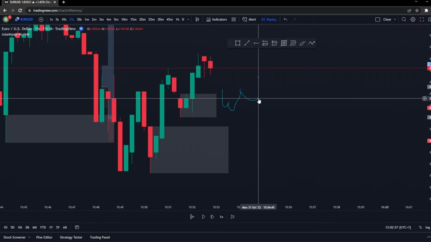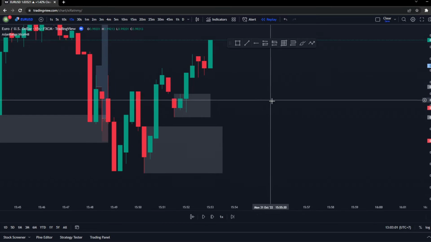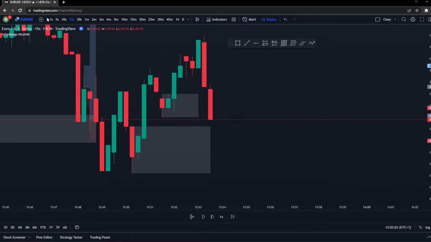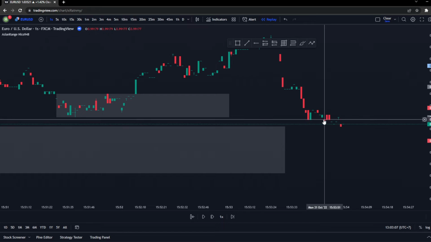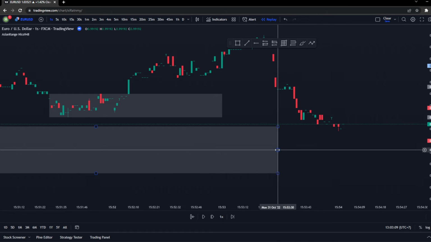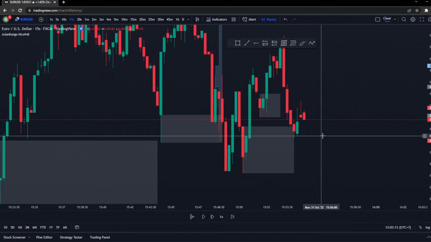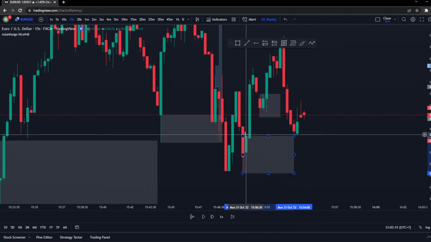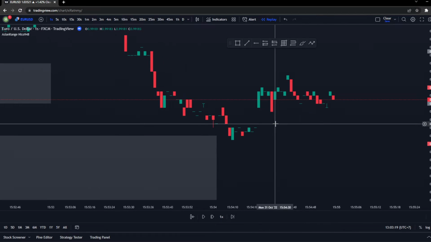Yeah, all right. So just wait for price to come back in, and then price comes back, so we can't have any entry. I think no, price came back down here. Quite clear that price came back here. That's the imbalance there.